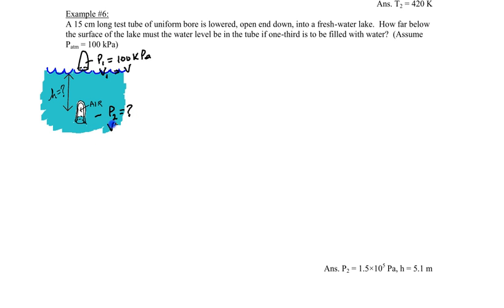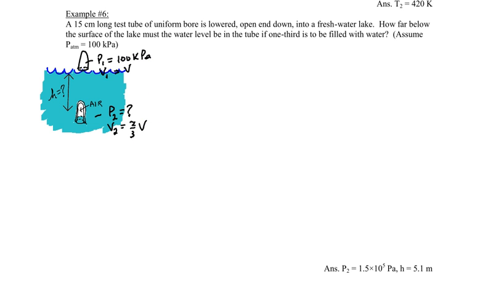But we are told that it's 1/3 filled with water. So the volume contained by the test tube is really 2/3 of the original volume of the gas. So it's been reduced from V to just 2/3 of V.